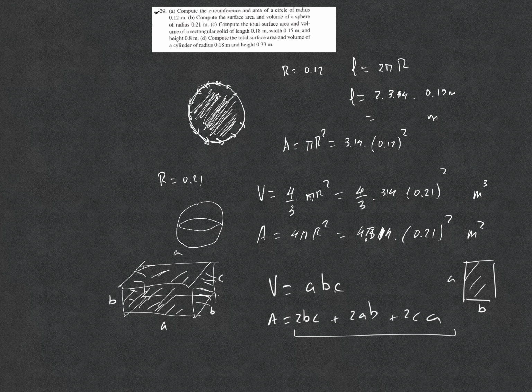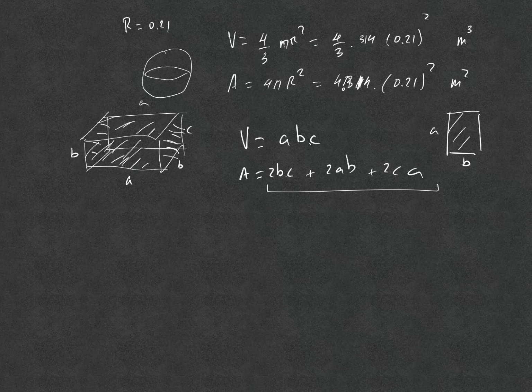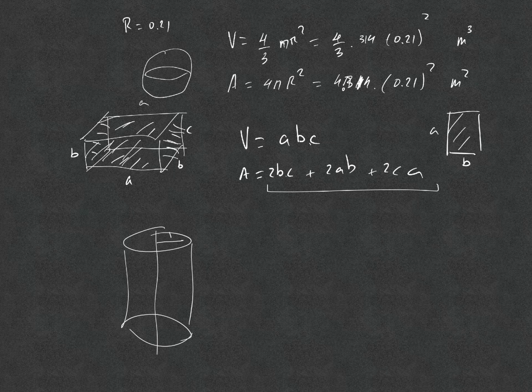Compute the total surface area and volume of a cylinder. Now, if you have a figure that is a cylinder, you need different equations. This is the radius r. The volume of the cylinder is the area of the base times the height.